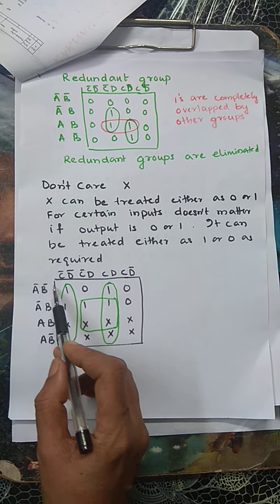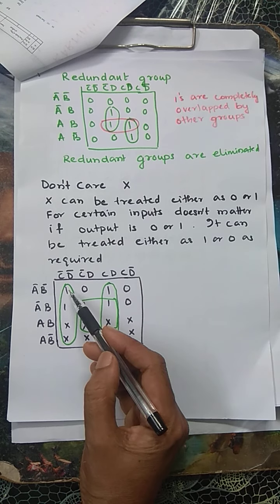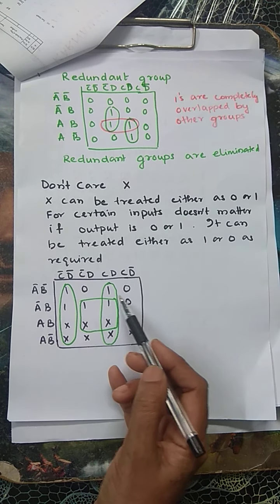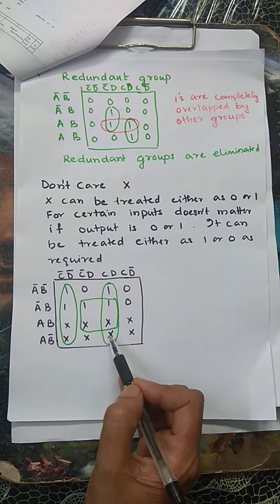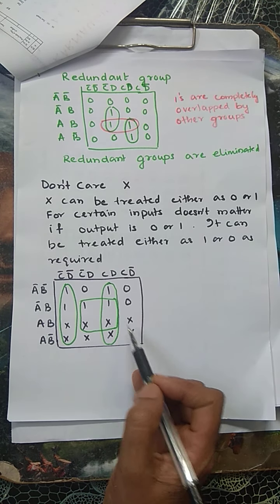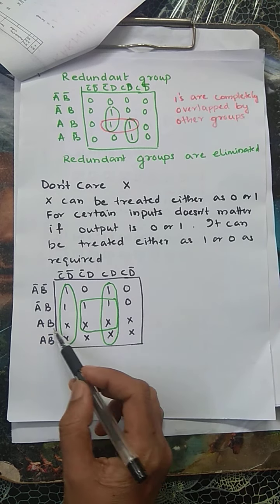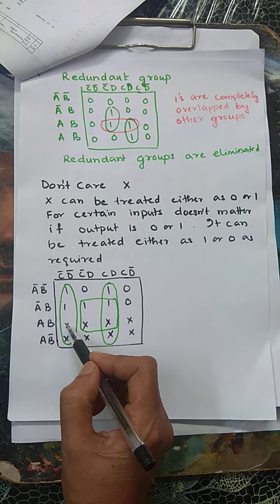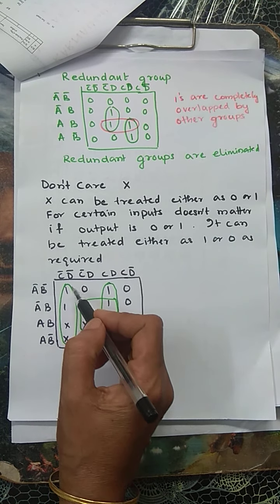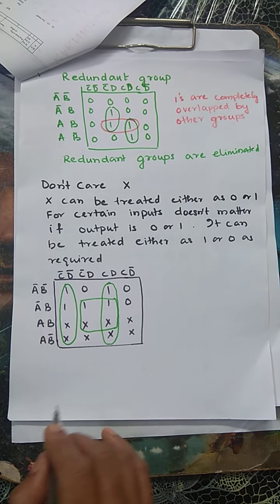So this is another Karnaugh map. I have taken the output 1 conditions, output 0 conditions, and certain situations where there are don't cares. That means whatever the inputs here, it does not affect our output. And these don't cares can be grouped together with the ones or zeros as required by us.